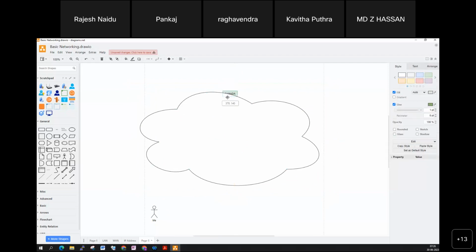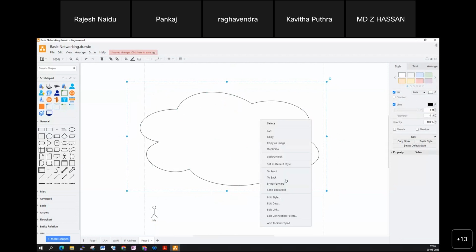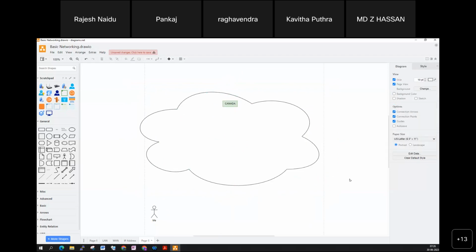Canada is my target location to create my services. For example, my business is e-commerce, selling products online, similar to Flipkart or Amazon. So my database servers, application servers, web servers, all these servers I need to create.